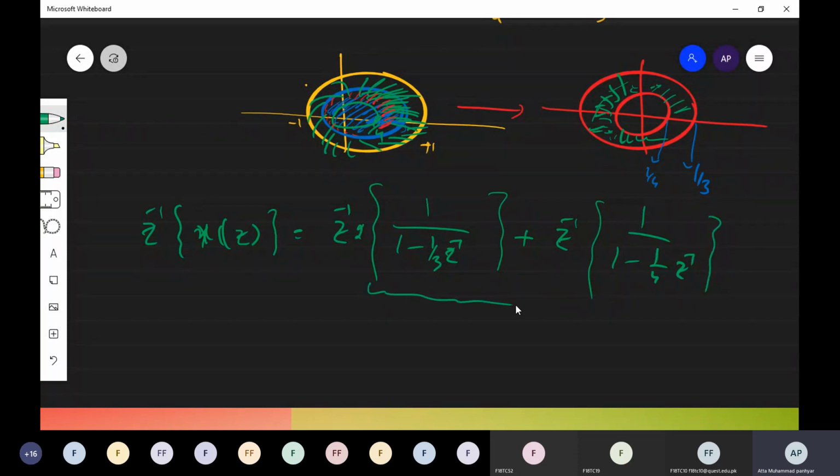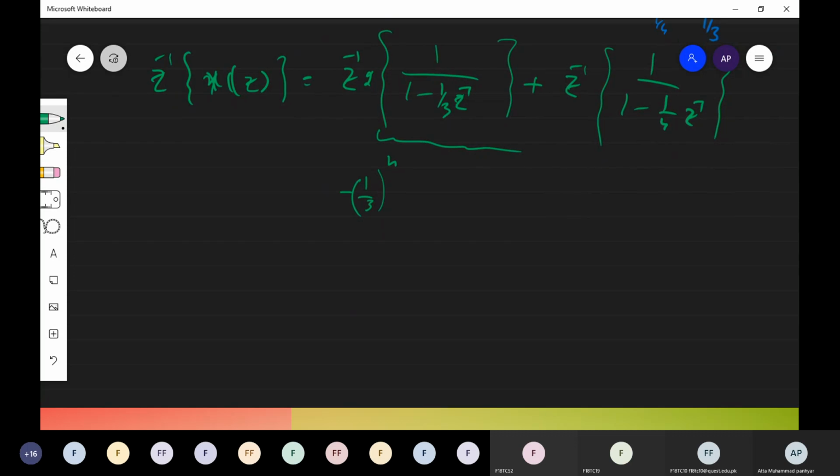So we know that the inverse of this signal must be minus (1/3)^n u[-n-1].